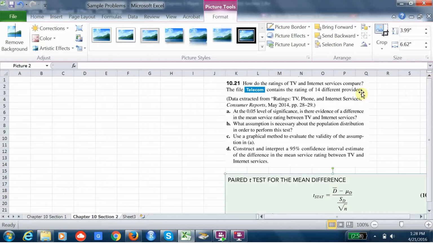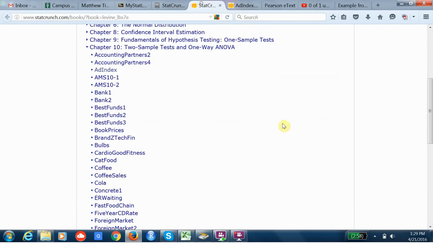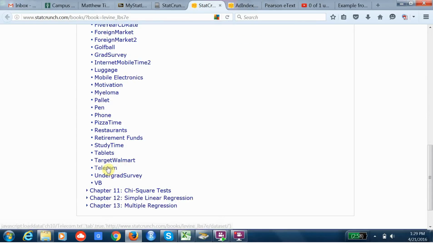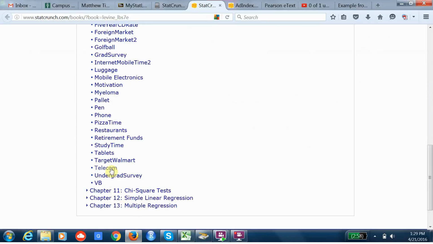So let's look at problem 10.21, which deals with the rating of internet and TV services. And we're going to go ahead and open up this file first and see what it looks like. So let's see. So it's probably telecom. Let me just check. Yep, telecom.